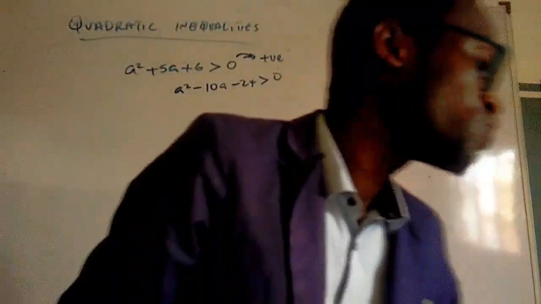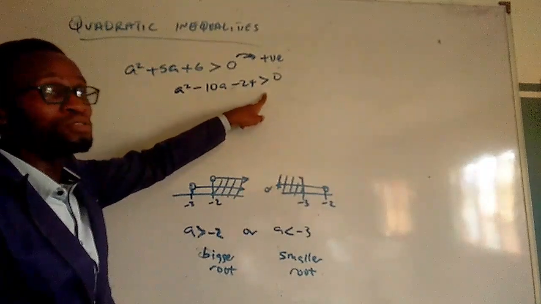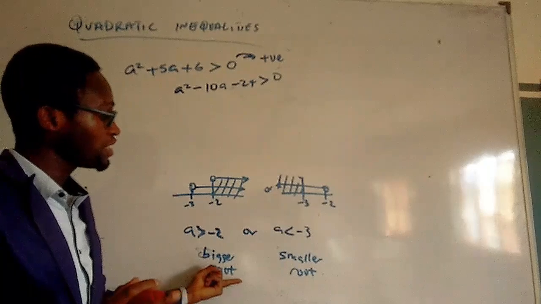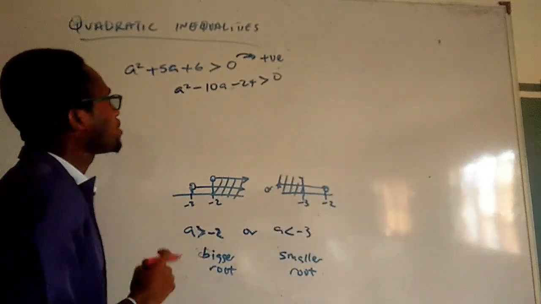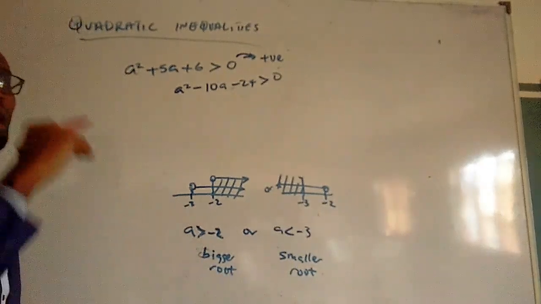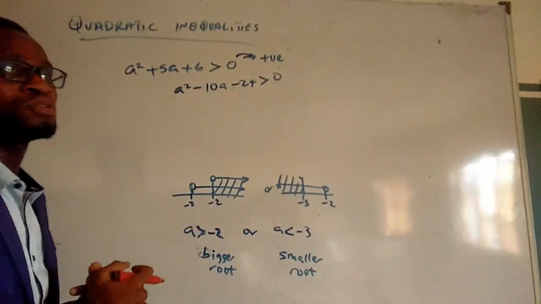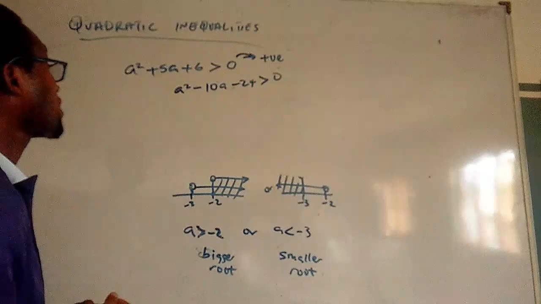Now this question is what? A greater than question. Just like the last one, you notice it was also a greater than question and our answers were like this. If this question comes out in an objective, the first question you have to ask is: what are the roots of this quadratic equation?